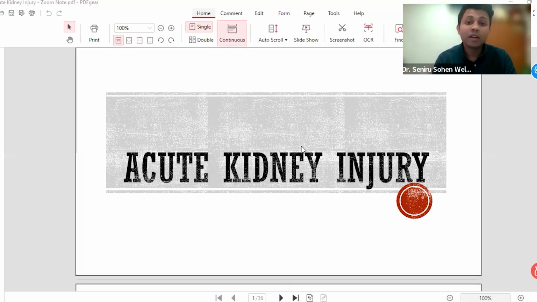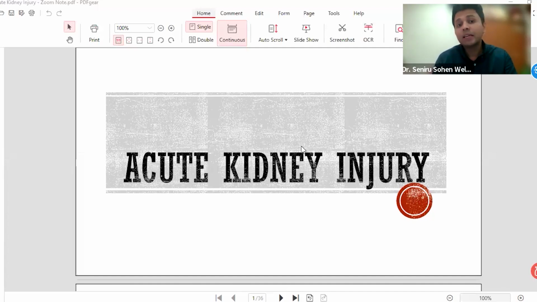Whereas failure would mean that the organ function has completely stopped. Hence, we have moved away from labeling these patients as acute renal failure and label them more as acute kidney injury.